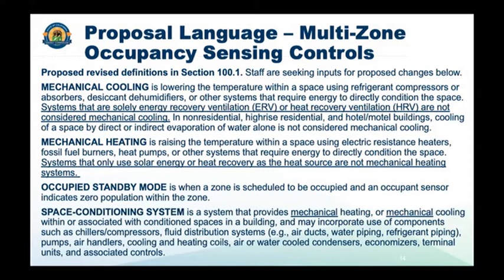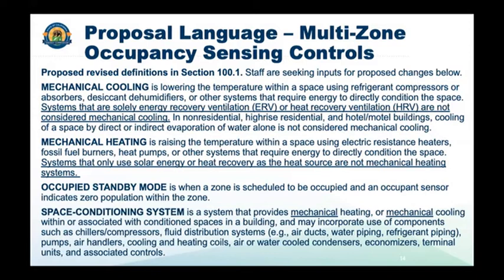And then for the mechanical heating definition, it is proposed that systems that only use solar energy or heat recovery as the heat source are not considered to be mechanical heating. And one more: some proposed changes to space conditioning system.